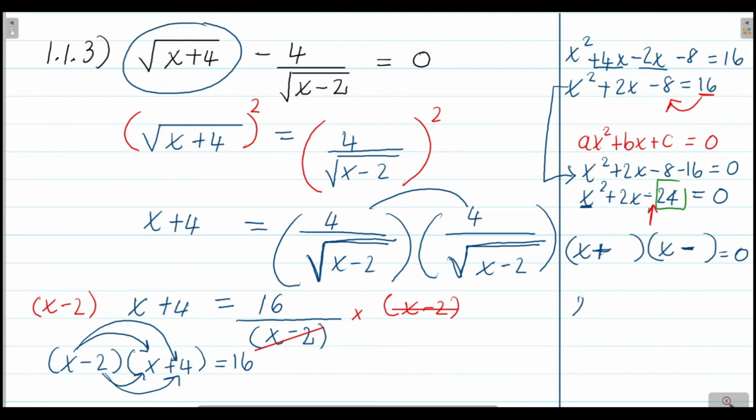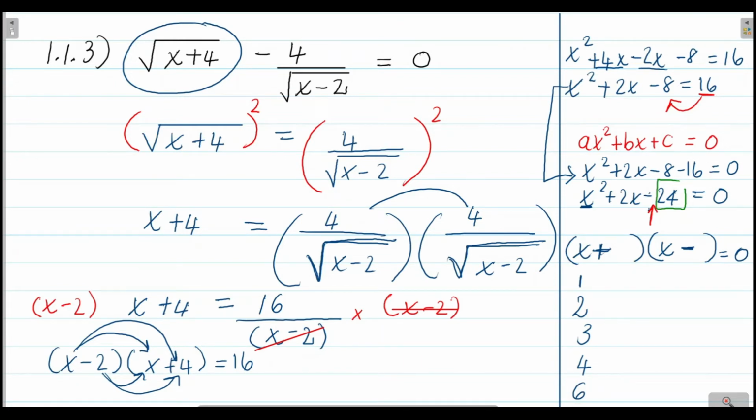Let's start with 1. 1 can go into 24, 2 can go into 24, 3 can go into 24, 4 can go into 24, 6 can go into 24, 8 can go into 24.